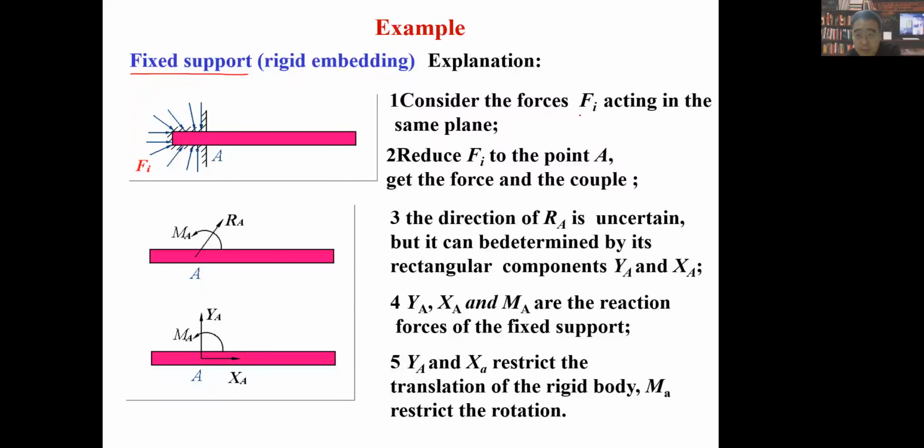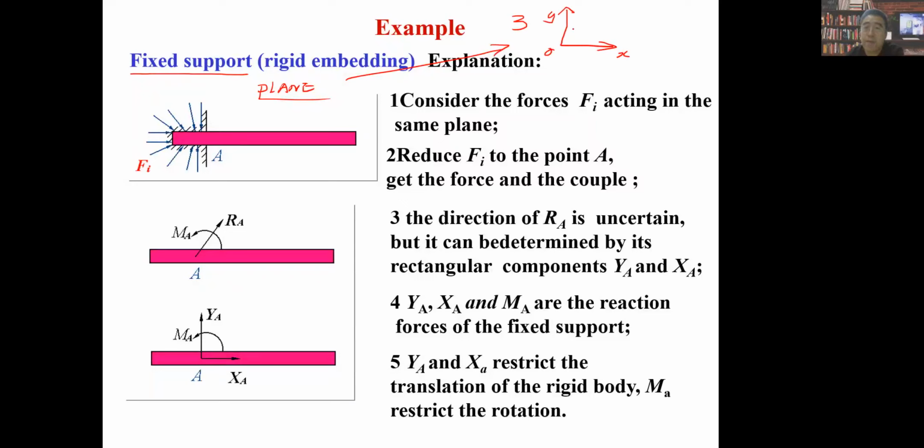So consider the forces Fi acting in the same plane. This is a fixed support in a plane, right? That means this bar firstly should stay on this screen, this is the plane, and secondly, it is fixed on this plane. Do you still remember we always said a free body in a plane has 3 freedoms, right? 2 of them are movement along the x-axis or along the y-axis.